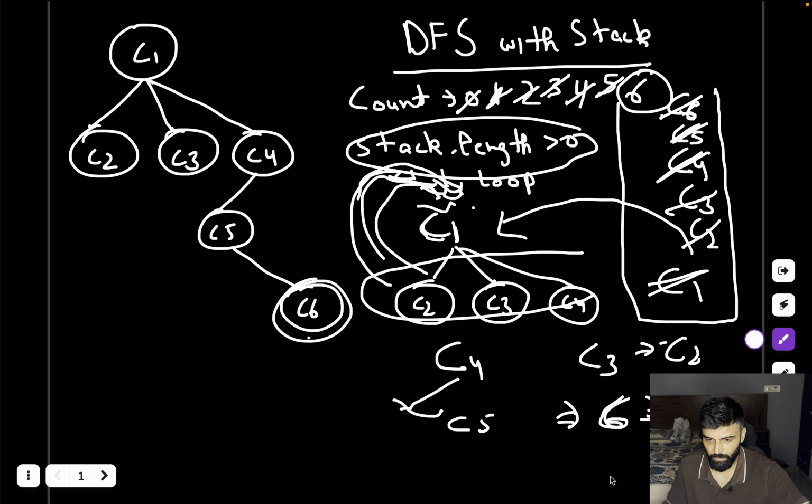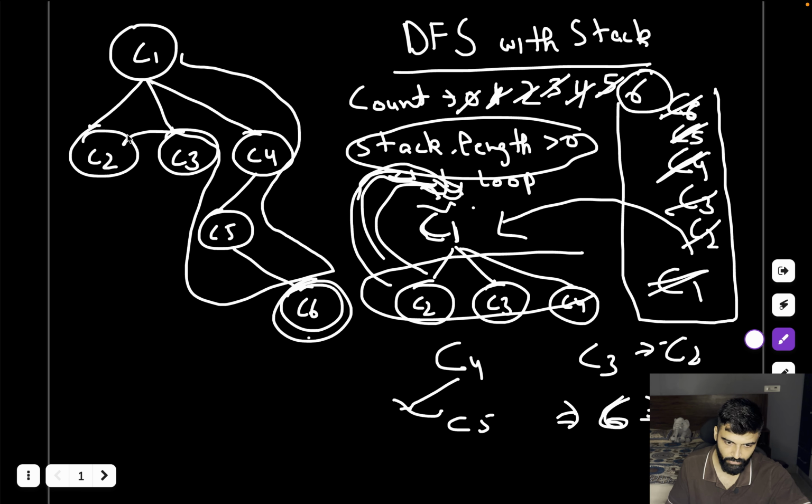Right. So this is how we are going to do the DFS with a stack. We started from C1, came through C4, C5, then C6, and then C3, then C2. So this is like, we'll do the DFS, depth first, we'll go till depth, and then we'll keep coming outside, and we'll keep counting the comments, right.